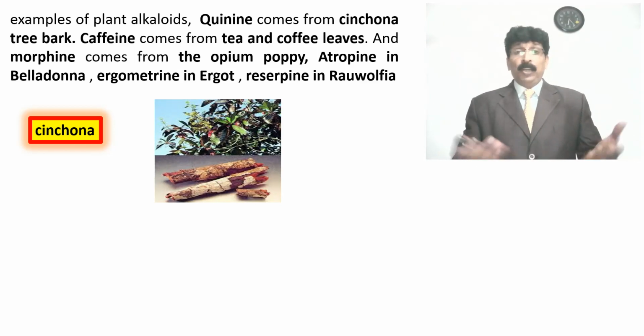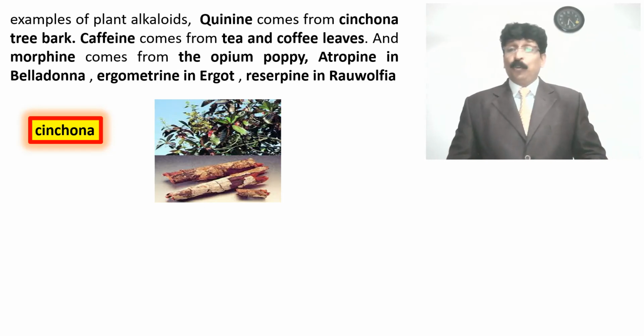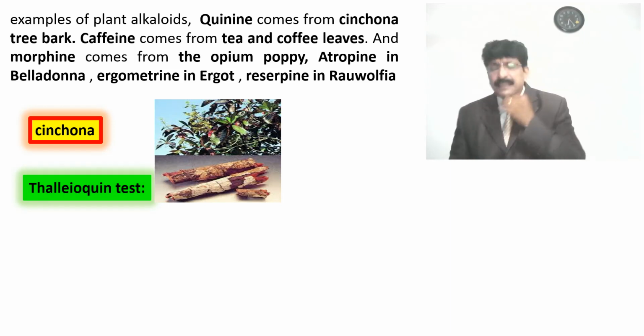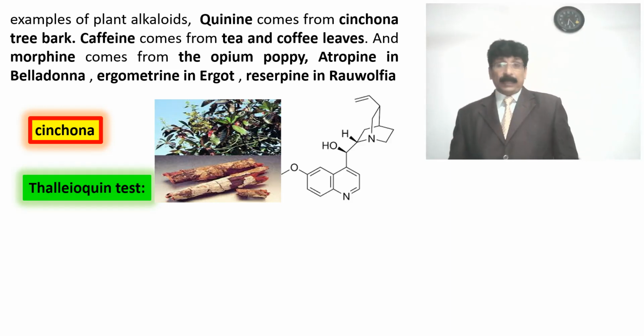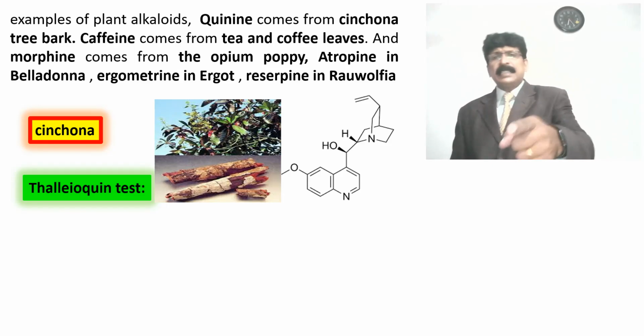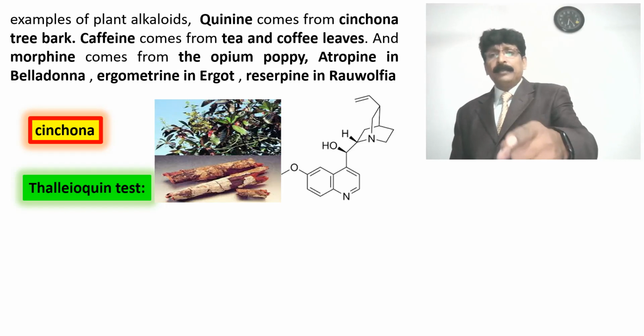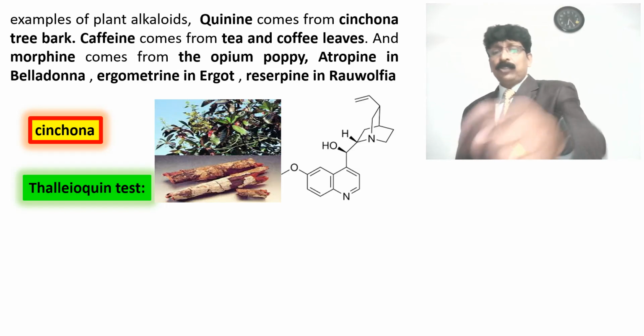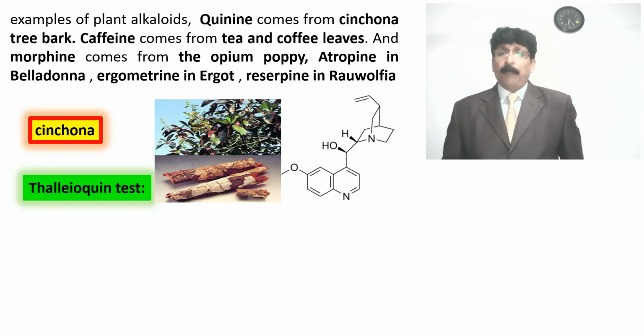The family you may also have seen is Rubiaceae. There is a thalleioquin test specifically for cinchona. The presence of quinine will give this test a very clear result. Quinine, as we have discussed, is a quinoline alkaloid. The nitrogen is present in the quinoline ring structure, and also in the pyrrolidine ring structure.